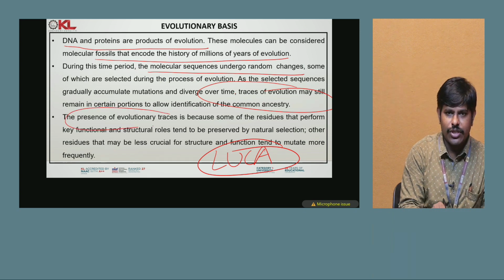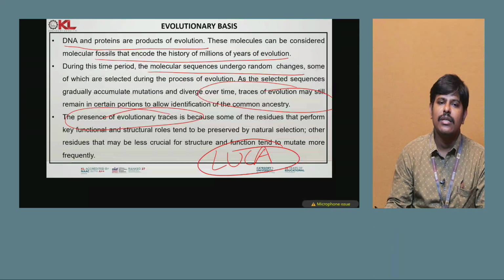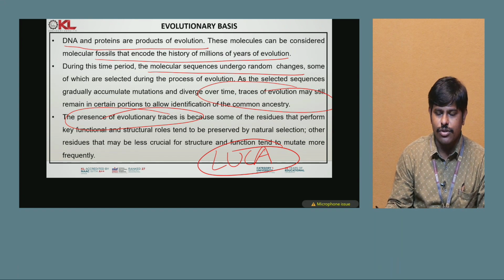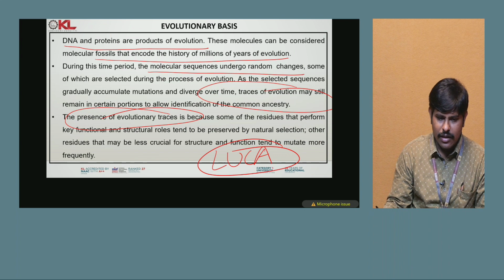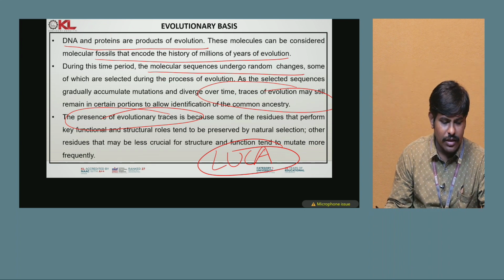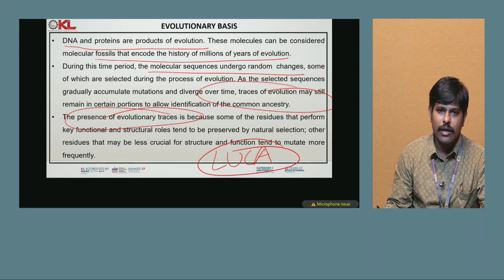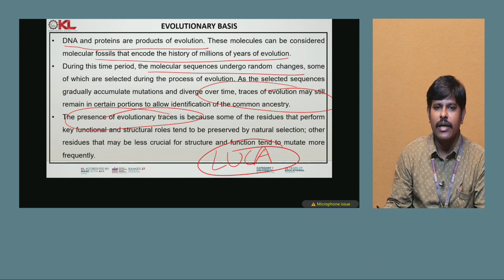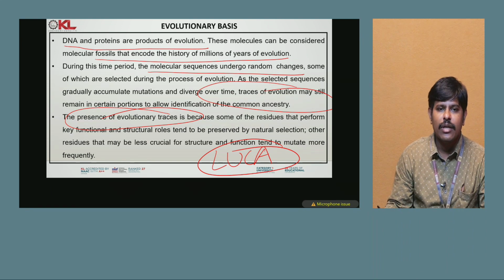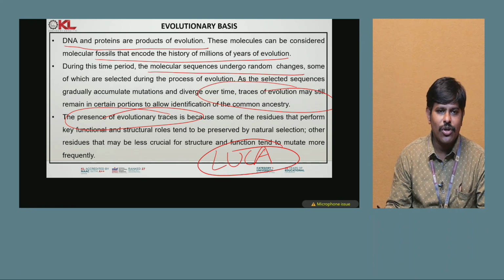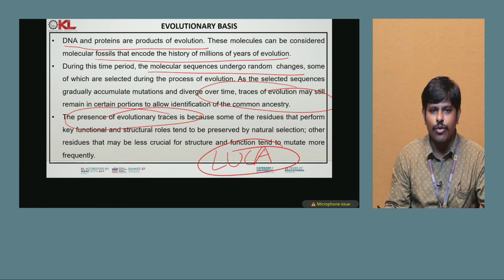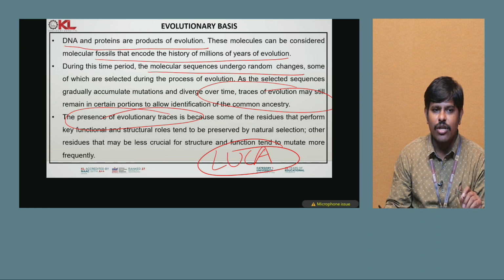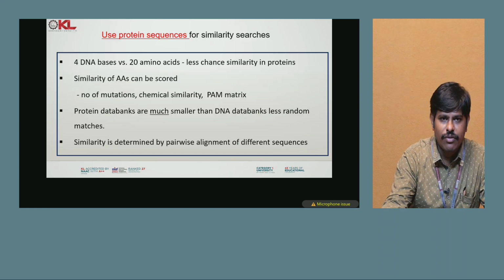The presence of evolutionary traces is because of key functions and structural roles. For example, the RNA polymerase in E. coli, and in a broader sense the transcription machinery in E. coli and in yeast or human being, are conserved. The sigma protein is similar to the TFIID protein of human being. That means evolutionary traces are there because both perform similar functions.